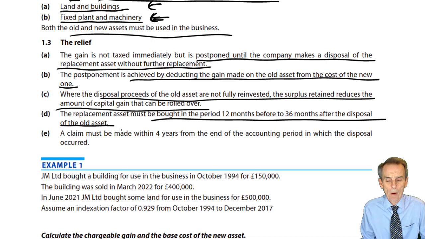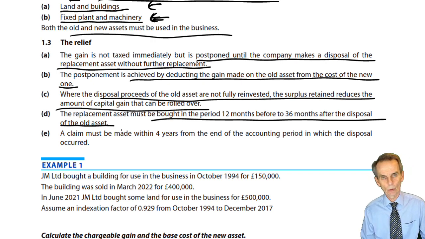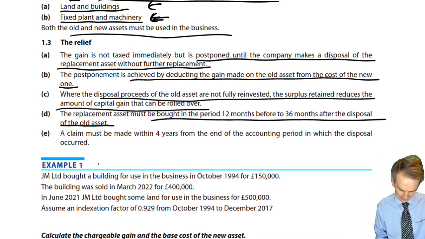You probably do buy a replacement property just before you sell the old property. So it's not as daft a rule as you might think. But you, again, will look at the date of disposal, you go back a year, go forward 3 years, in that 4-year period, have we made the reinvestment required.